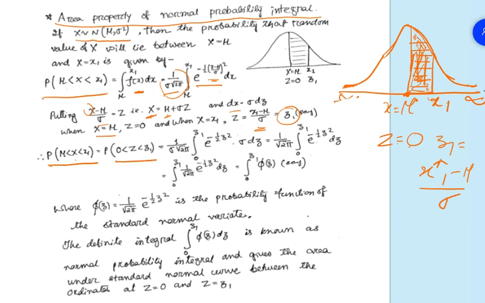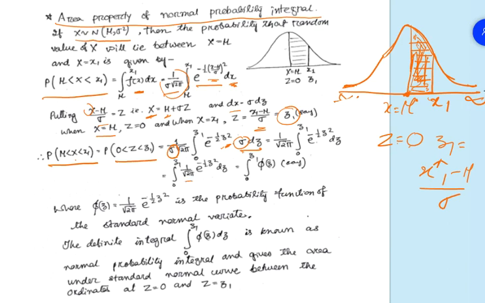Then x minus mu by sigma becomes z, so we get z squared, 1 by sigma divided by root 2 pi remains, and dx is sigma dz. So this sigma and this sigma get cancelled, and it will be 1 by root 2 pi, integral from 0 to z1, e to the power minus half z squared dz.